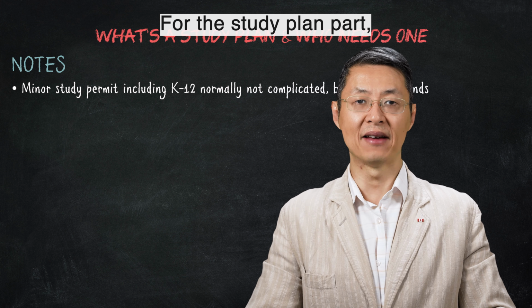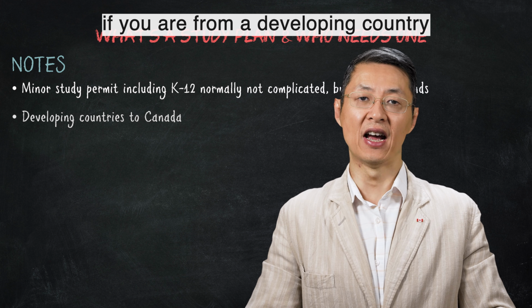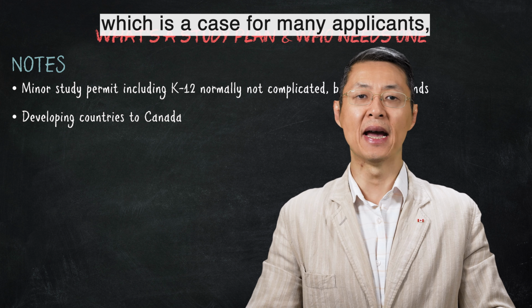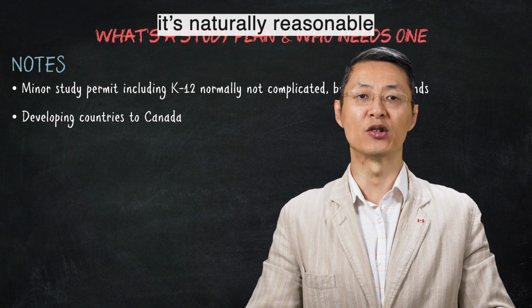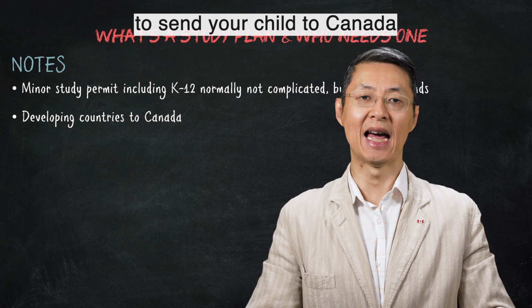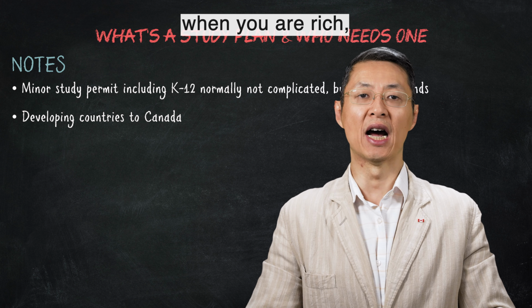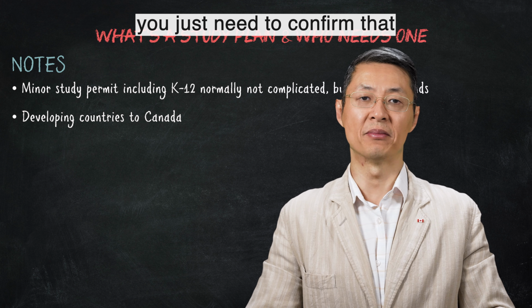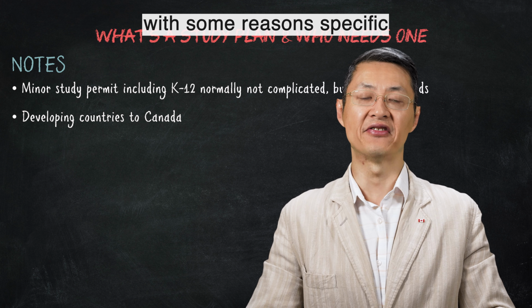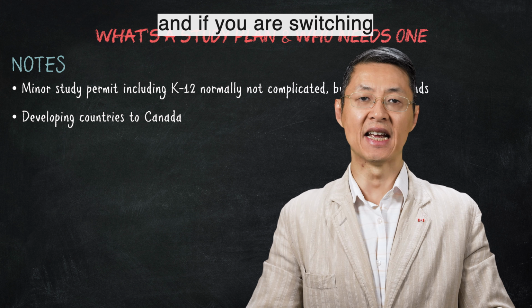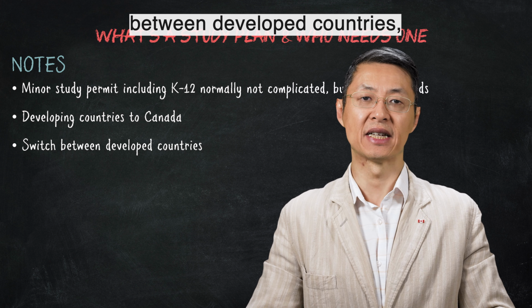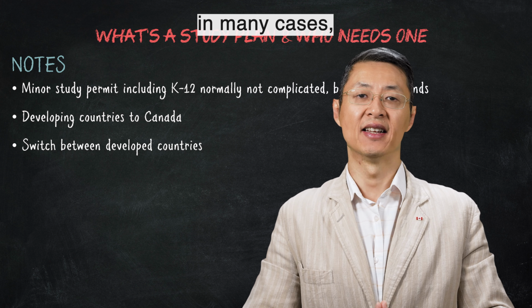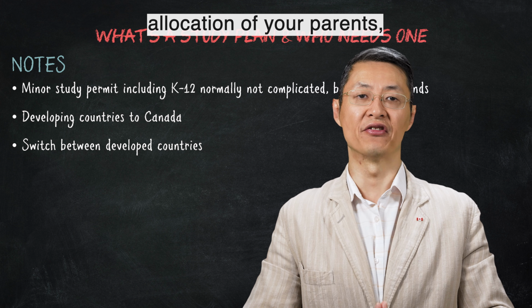For the study plan part, if you are from a developing country, which is the case for many applicants, it's naturally reasonable to send your child to Canada for a better education when you are rich. You just need to confirm that with some reasons specific to your personal conditions. And if you are switching between developed countries, in many cases, it's because of the relocation of your parents.